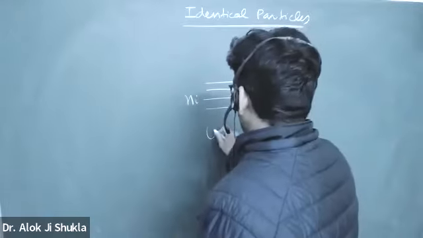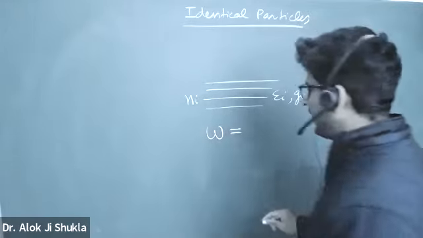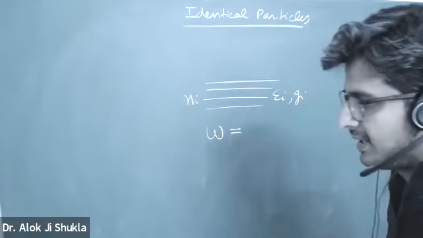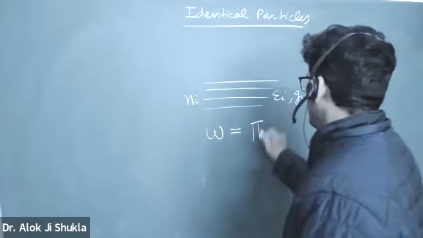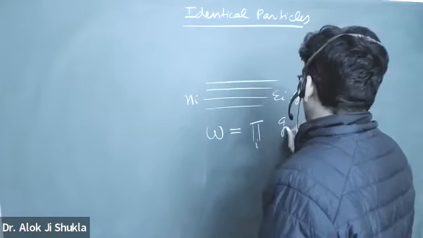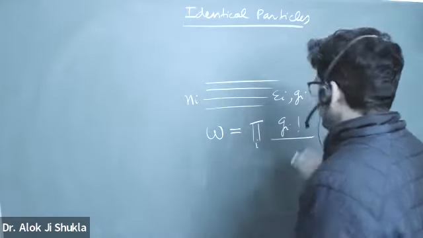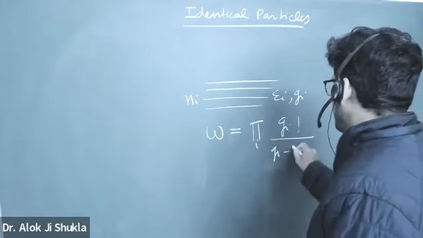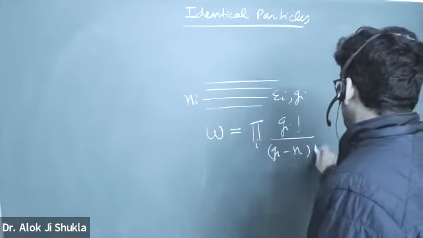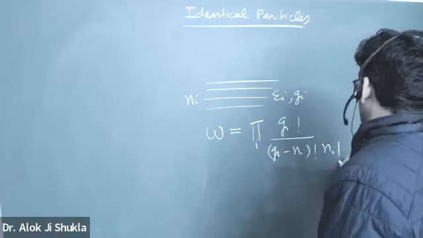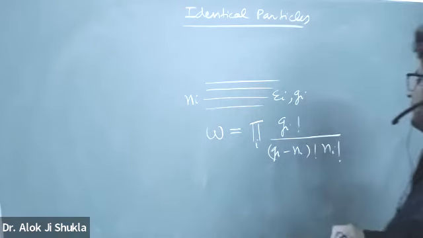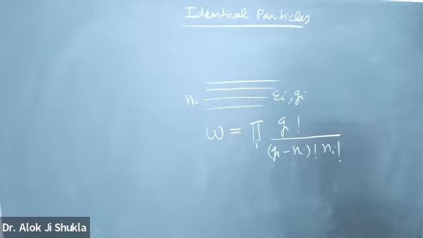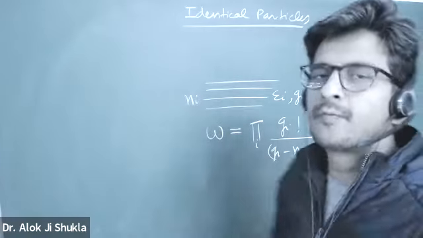Then the number of ways in which these particles can be arranged is given by omega i is equal to gi factorial upon gi minus ni factorial into ni factorial. This is the formula.